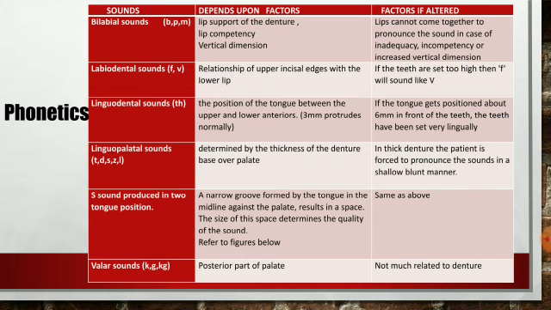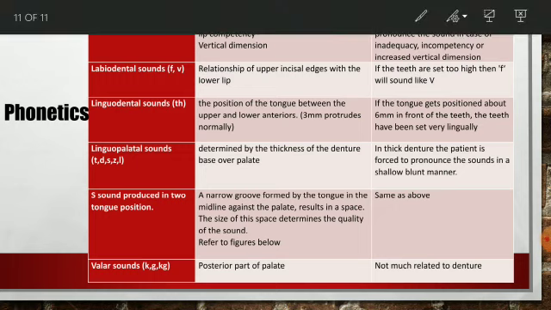If the tongue gets positioned about 6 mm in front, the teeth have been set very lingually. Whenever you pronounce this TH sound, usually your tongue protrudes between the upper and lower anterior teeth. How much does it protrude? Normally it protrudes by 3 mm.